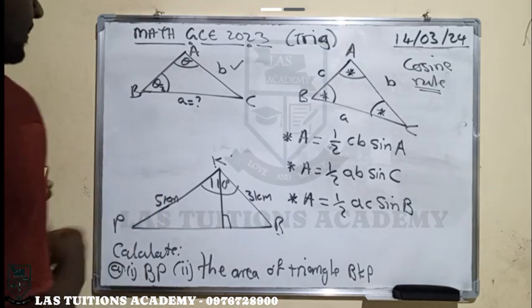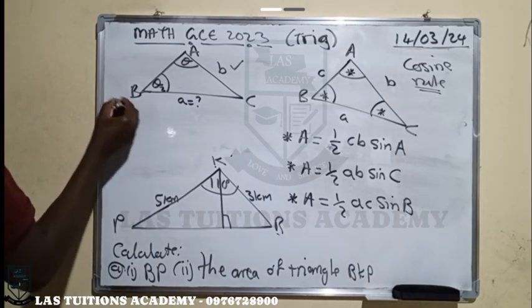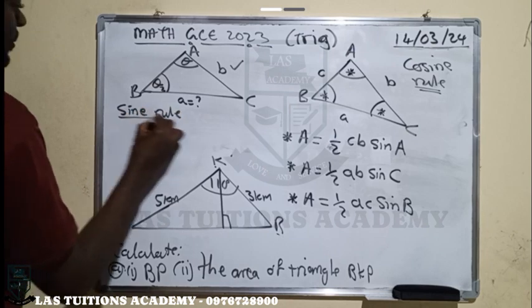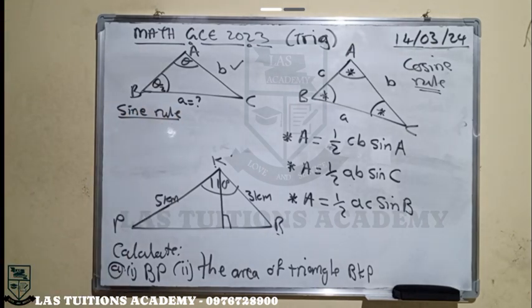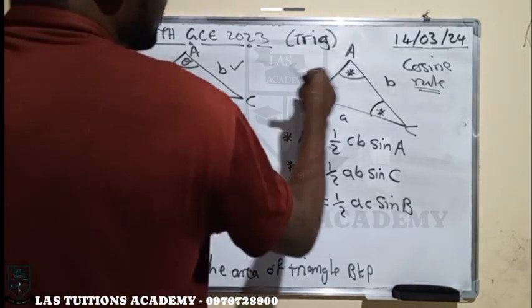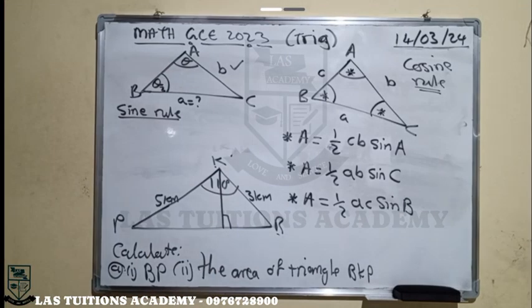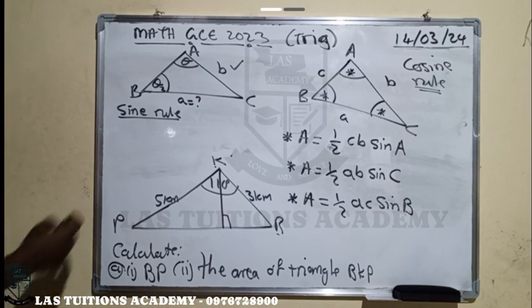So here the formula we use is what we call the sine rule. Now these rules you need to understand them. We had the cosine rule there where we are saying a squared is equal to c squared plus b squared minus 2cb cos A. Now for the sine rule here, you do the ratios.